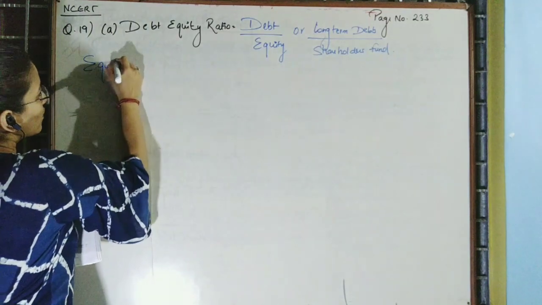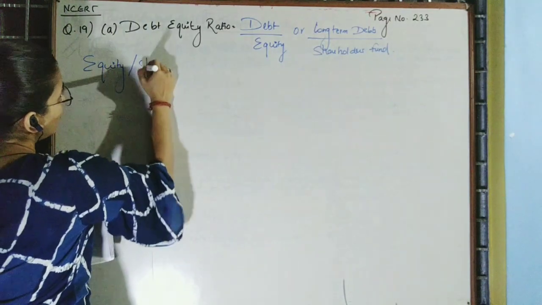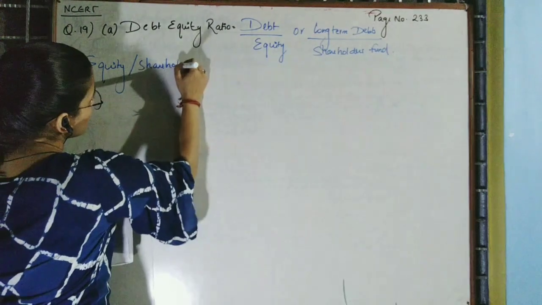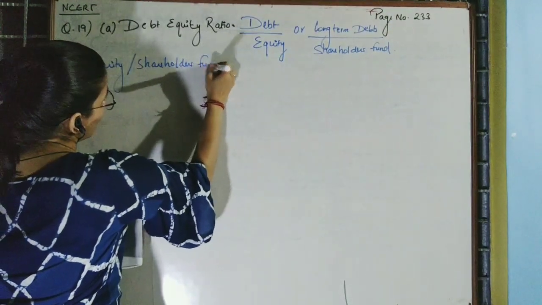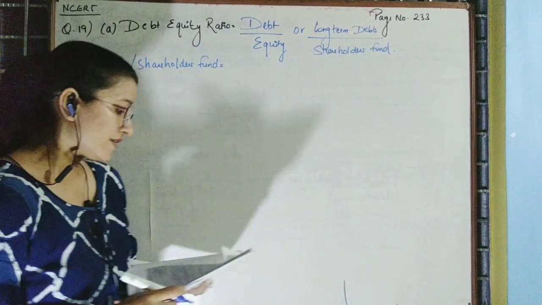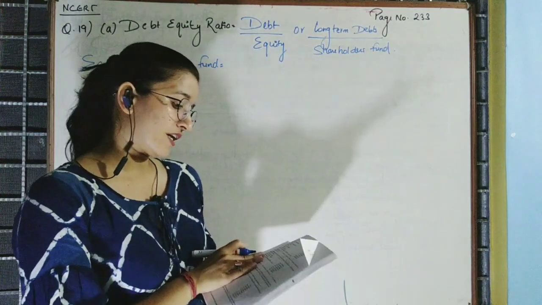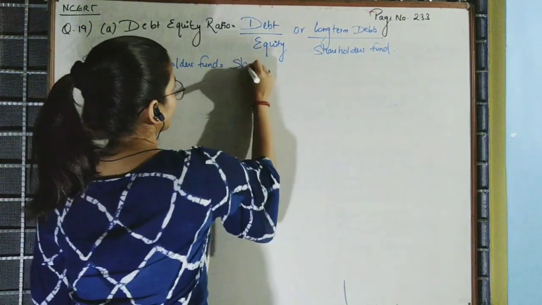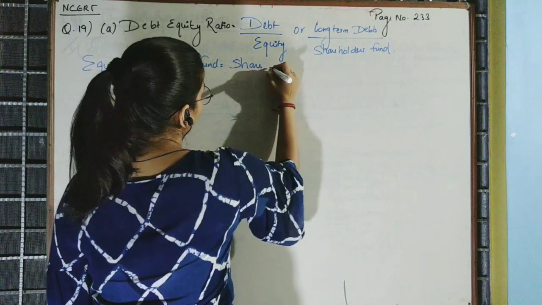So we will first calculate the amount of equity or shareholders fund. It is given in the question equity share capital. This will be included in shareholders fund.